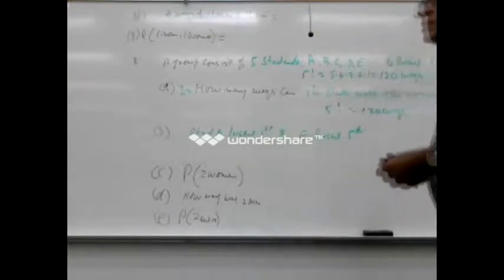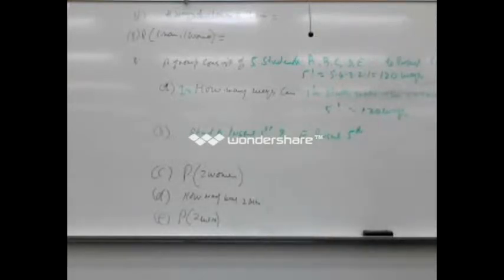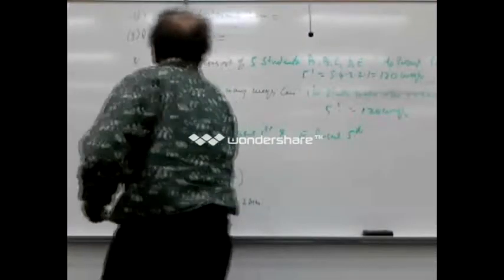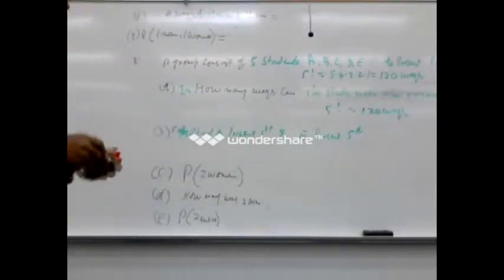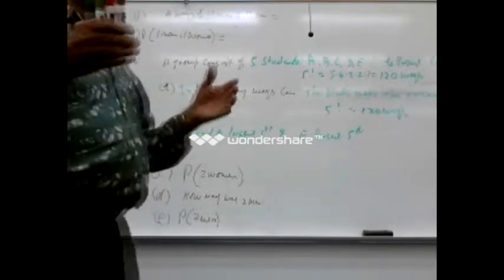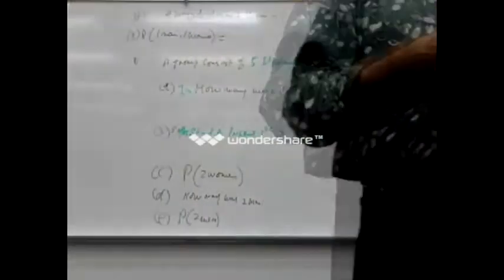In how many ways can these students make the presentation now? So suppose student A wants to present first, and E is selected to present last. In how many ways can these students be scheduled to make the presentation?